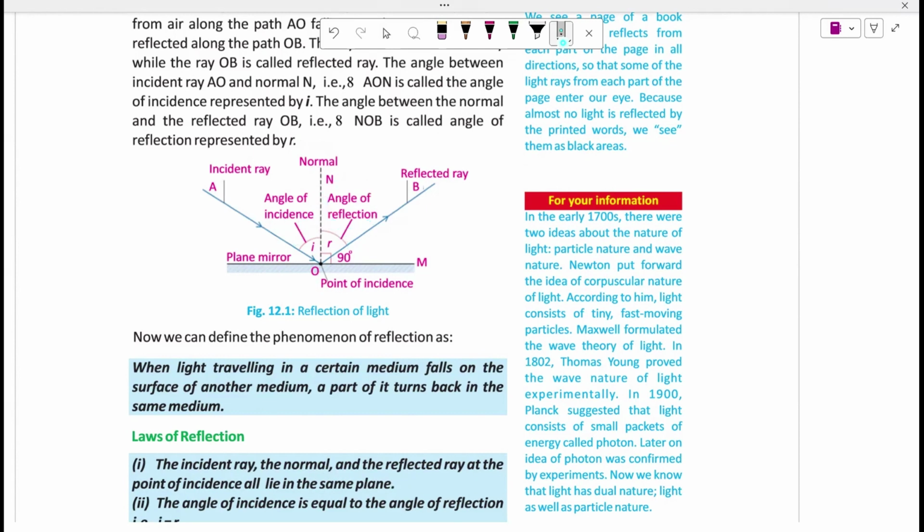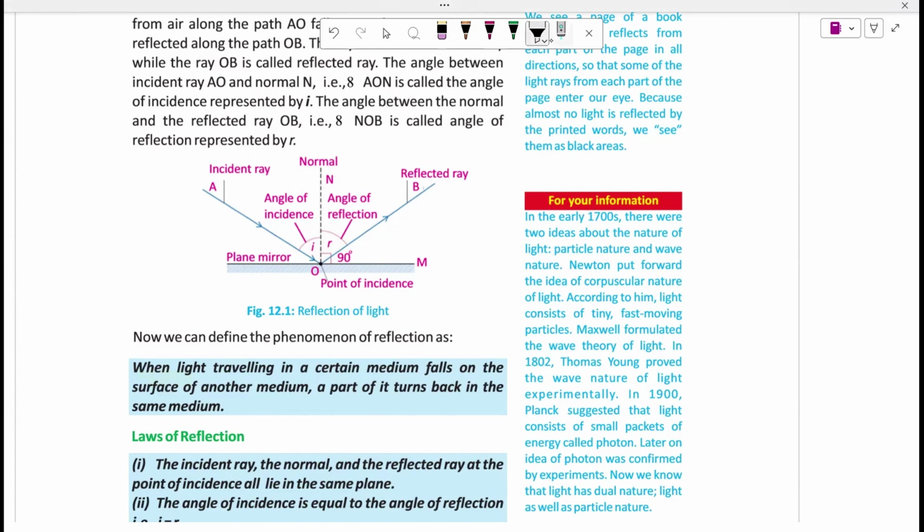Always make sure, though it's not a conceptual subject in this case, that you never measure these two angles with respect to the surface. The incident angle and reflected angle would always be between the normal and the ray, never between the surface and the ray. So we would never make that mistake. Okay?